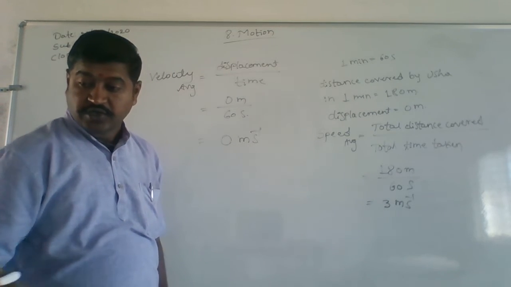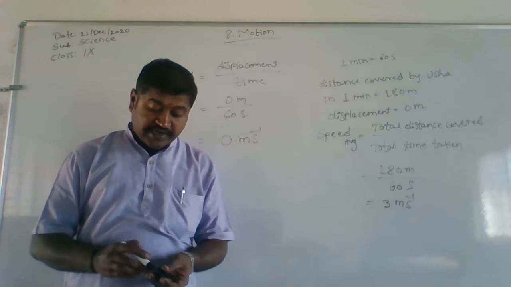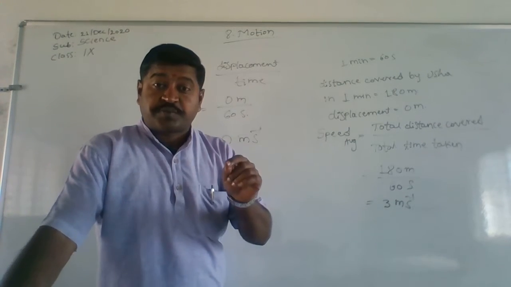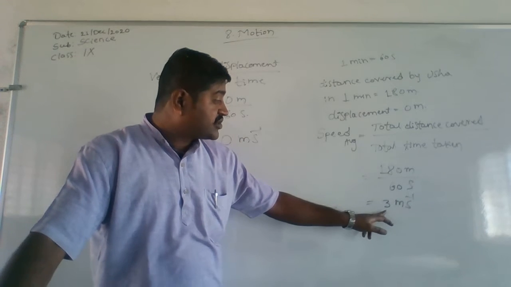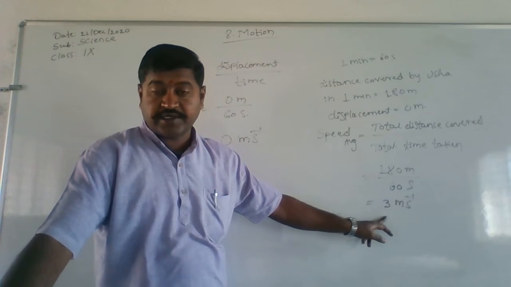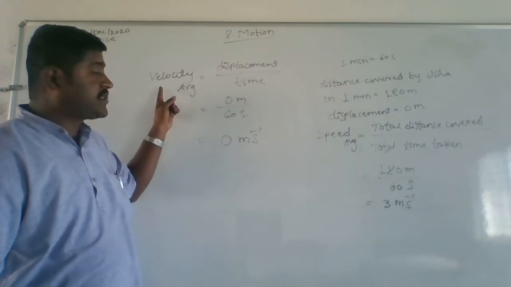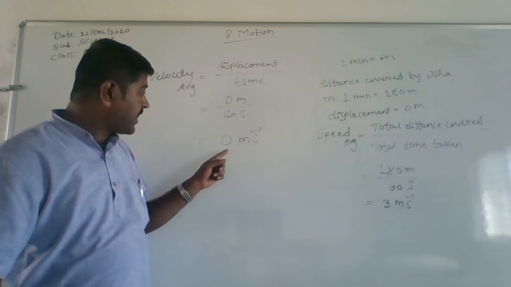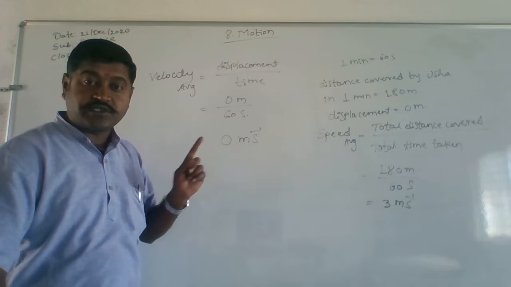Is this clear? So from this, what you understand is that speed is always positive, right? Whereas velocity, it may be positive, it may be negative, and it may be zero.